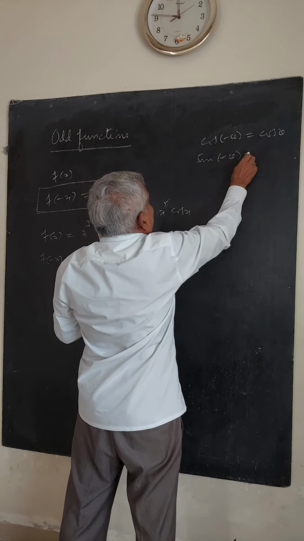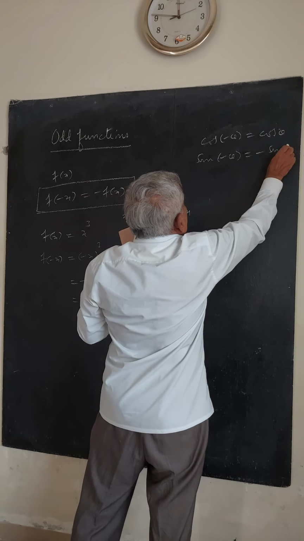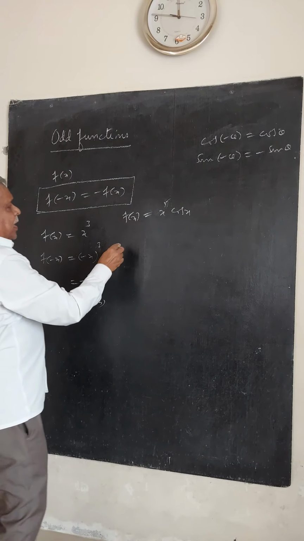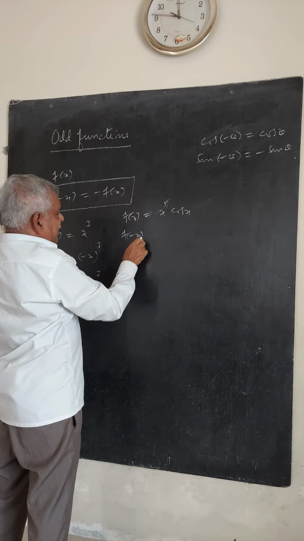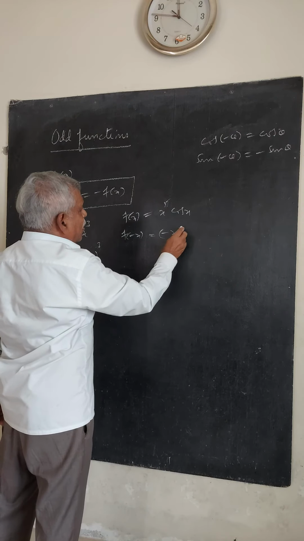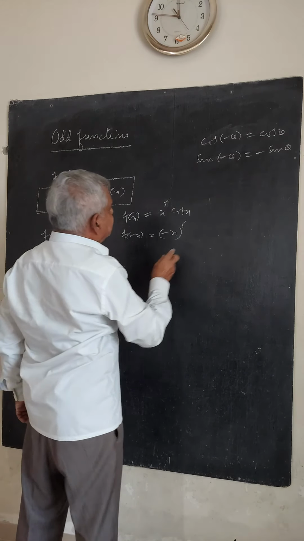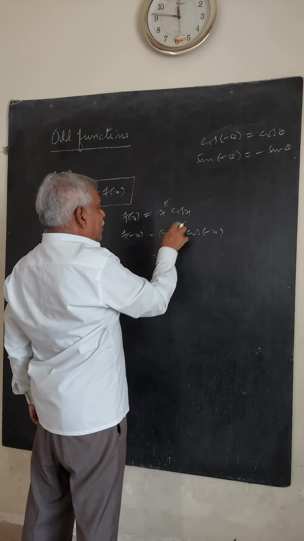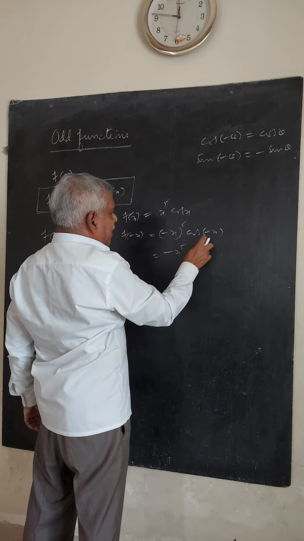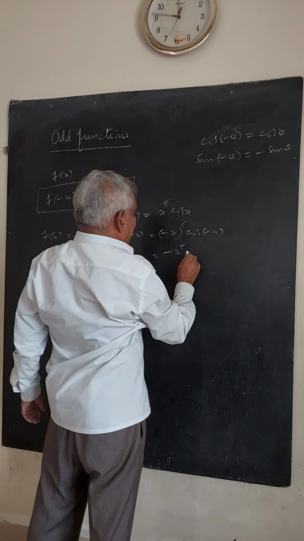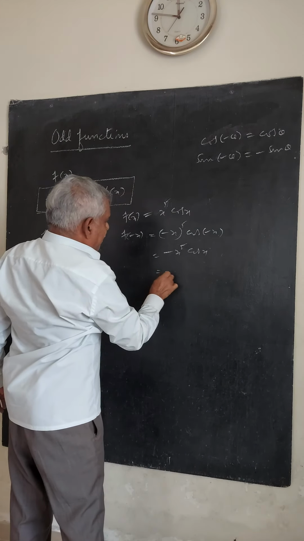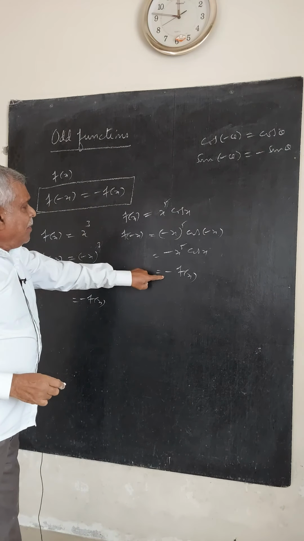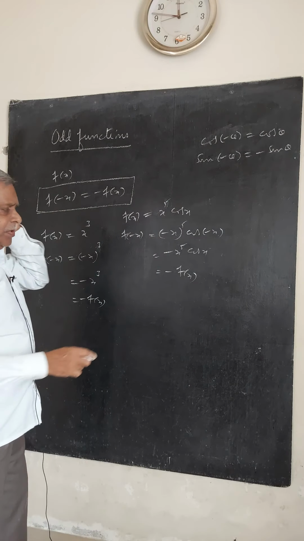Sin of minus theta, negative will come out, minus sin theta. Similarly, put x equal to minus x: minus x whole power 5 cos of minus x. Negative whole power 5 is negative, therefore minus x power 5. Cos won't give negative outside, therefore cos x, which is expressed for f of x. Therefore f of minus x is minus f of x. This is also an example.